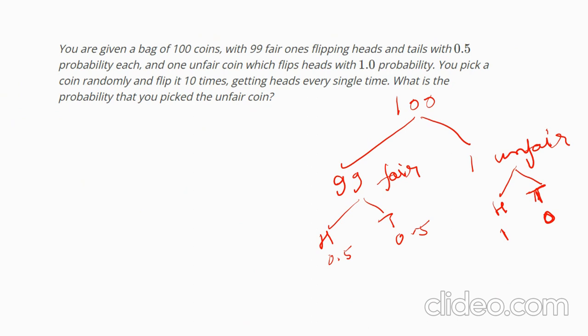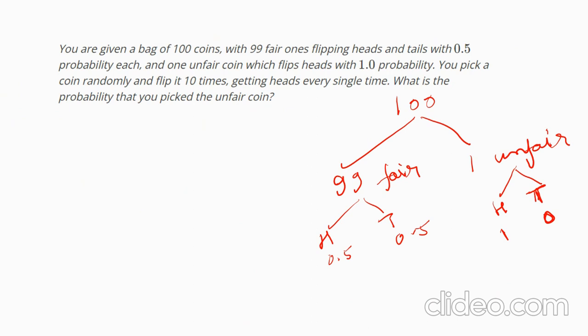Generally it does not happen that you have a coin with such probability. Head being 1 means that both sides of the coin are heads, so that's why the probability of head is 1 and tail is 0.